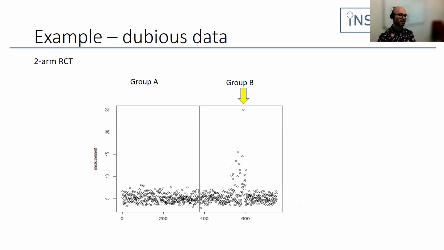And in the group on the right, you sort of say like, there's a period here where the data looks really weird. We've got much larger values, different distribution here. Well, we don't see anything like that in patients allocated around the same time in group A, okay, which we would under a genuine RCT for a baseline measurement. So this doesn't appear to be compatible with a genuine RCT.